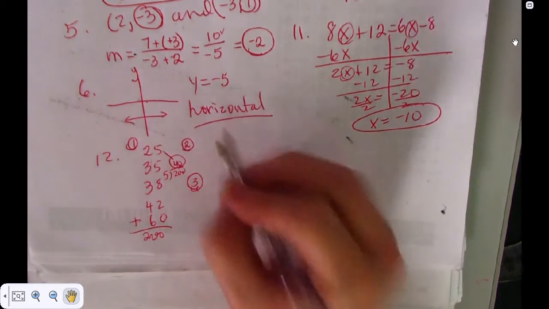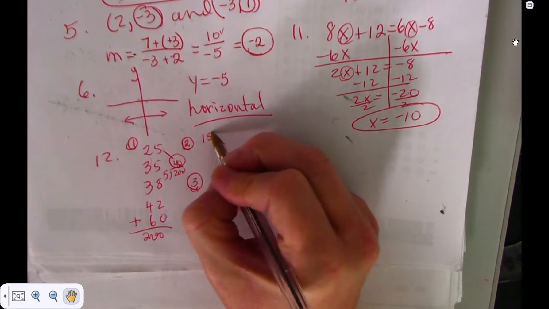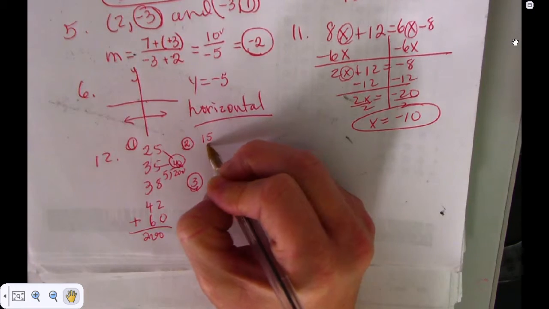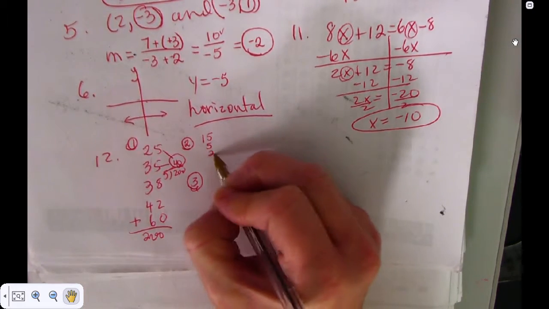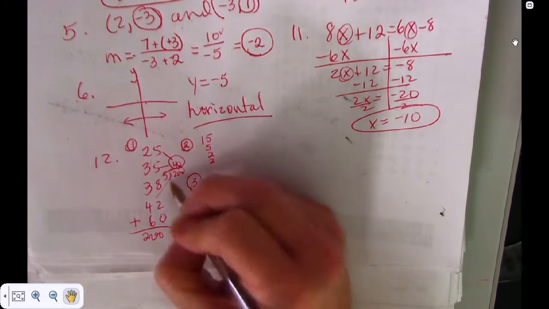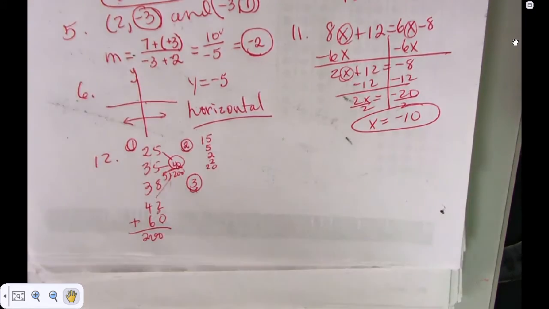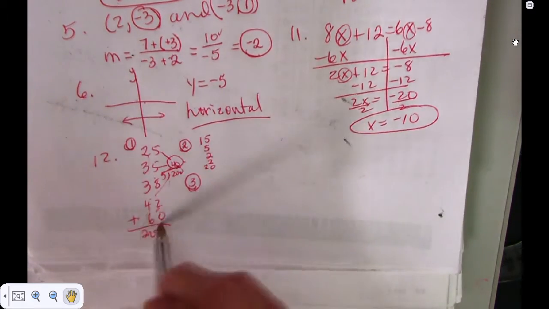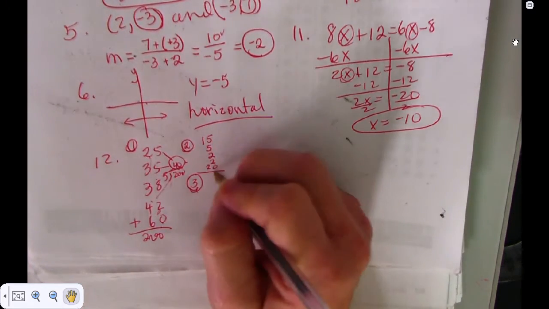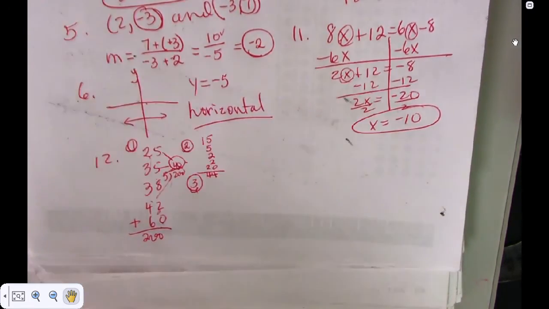So you're going to subtract and get 15, 5, 2, 2, 20. You subtract 40 from all those numbers. Then you add that up and get 44.